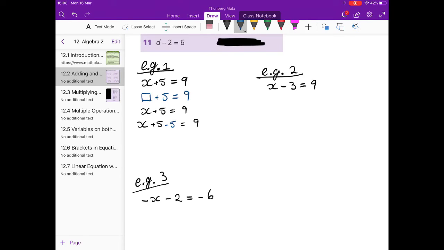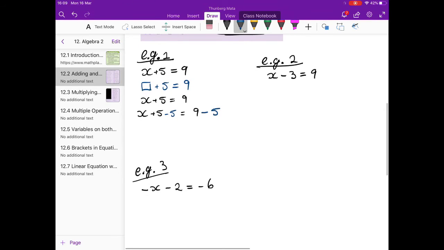So I can take 5 away from the left-hand side of the equation. But if I do that, I will also have to do that to the other side of the equation. So then I will have x plus 5 minus 5 is equal to 9 minus 5.